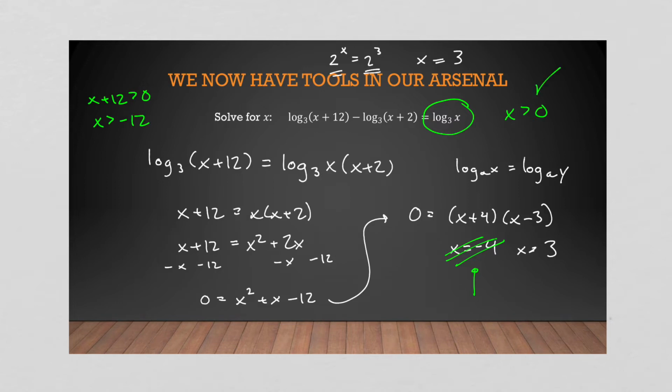Well, that's already covered by that domain. And the other one says x + 2 has to be greater than 0. Oh, and that's x has to be greater than negative 2. Again, covered by that domain. So this satisfies our domain. We keep it, and that is our solution. So you get the hang of it? I hope. Well, let's do another.